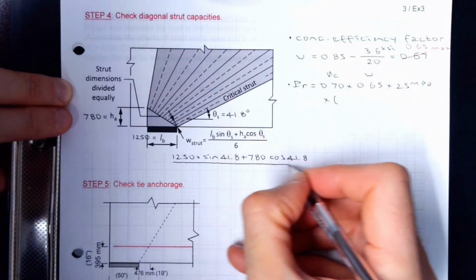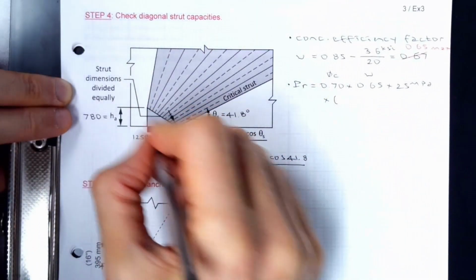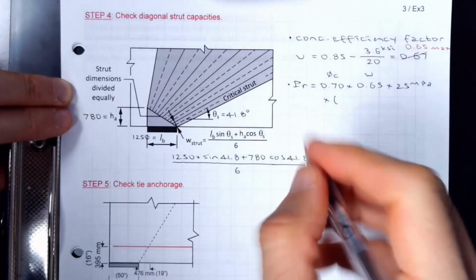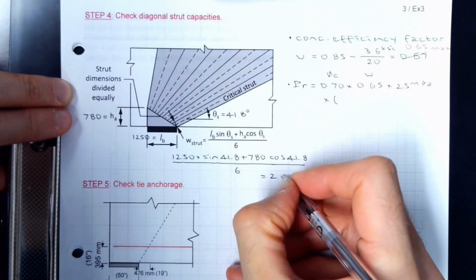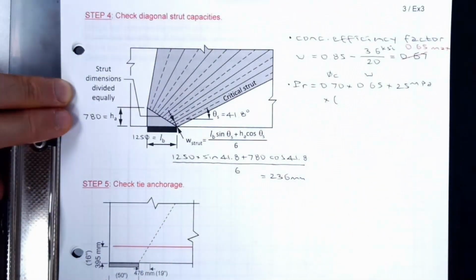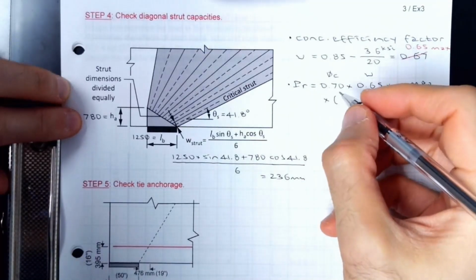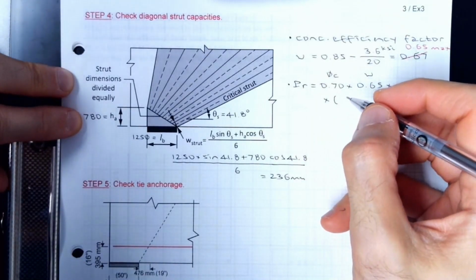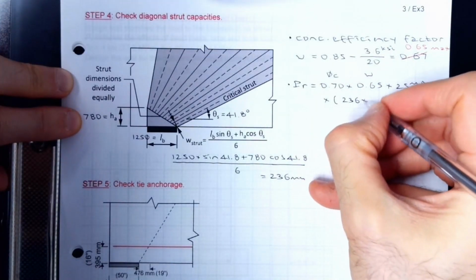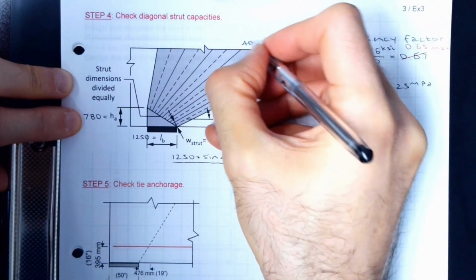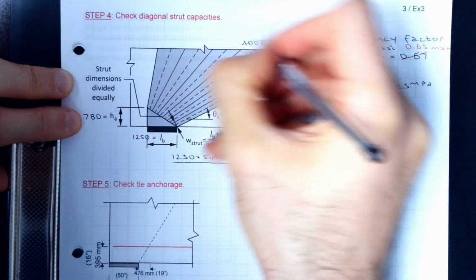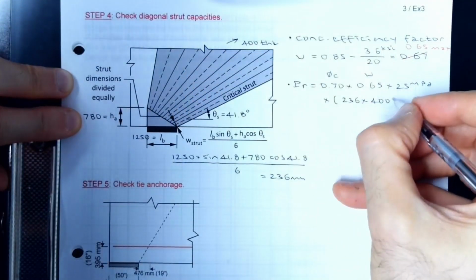Again, it's dividing equally into 6 segments because 6 struts each use 1/6 of the area. Pretty small. In many cases this gives an issue. This gives some challenge. It might fail. Thickness 400. So this is 400 thick in the out of plane direction.